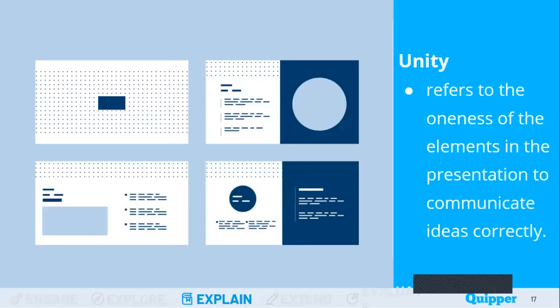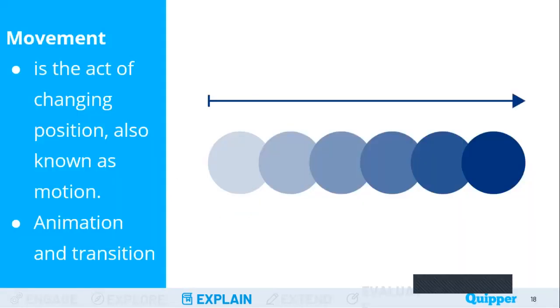So next, we also have unity. Unity refers to the oneness of the elements in the presentation to communicate ideas correctly. Unity from the word unite. Now, next we have movement.